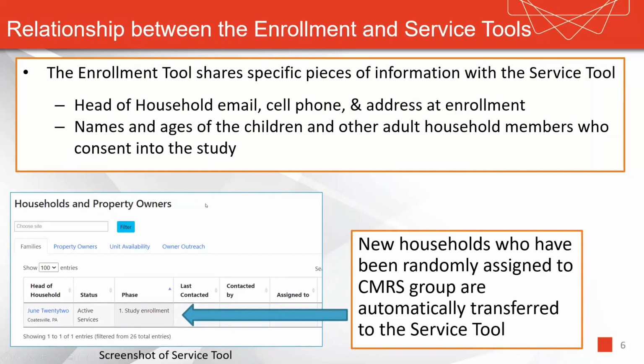And new households who have been randomly assigned to the CMRS group are automatically transferred to the service tool. On the bottom left, you'll see a screenshot of the service tool where the head of household, June 22, has been assigned to CMRS and is starting in that phase 1 study enrollment. So families are automatically transferred to the service tool when they're assigned into the CMRS group.